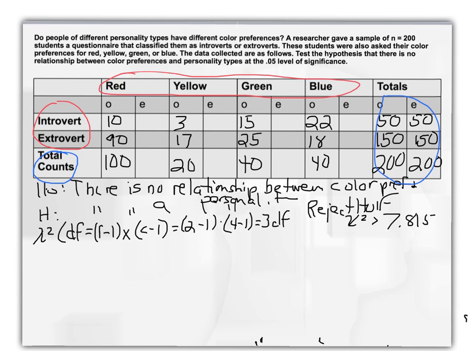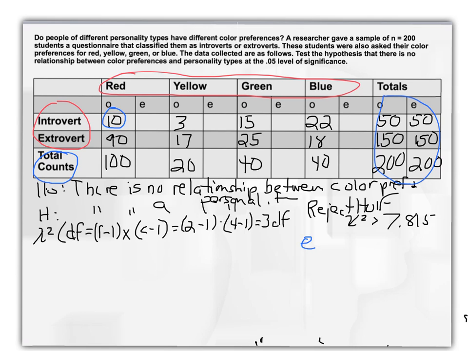The way to get your expected frequencies is to take, for any cell, let's say I want to compute the expected frequencies for red for introverts, find the total at the end of the row of that cell.